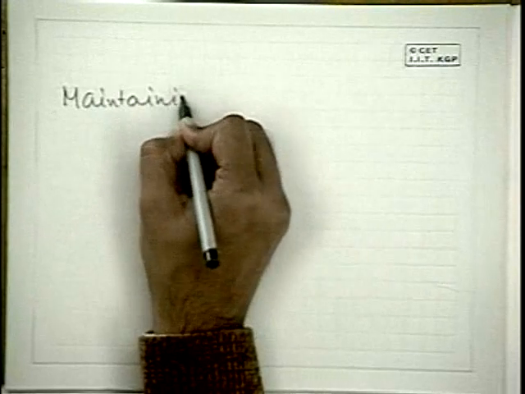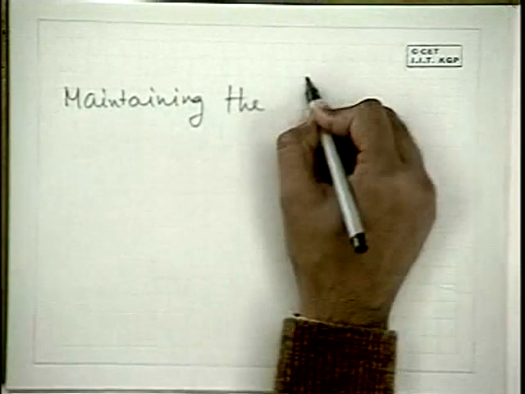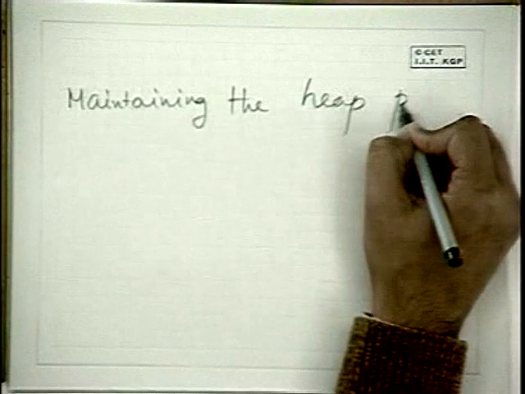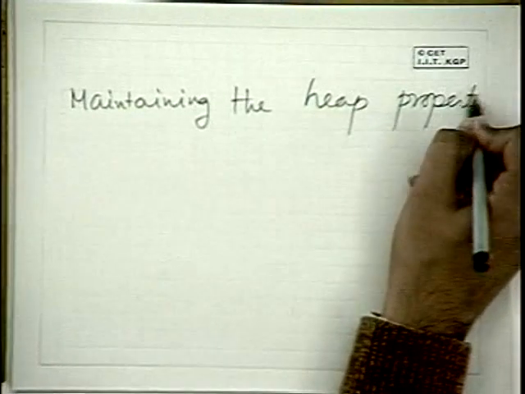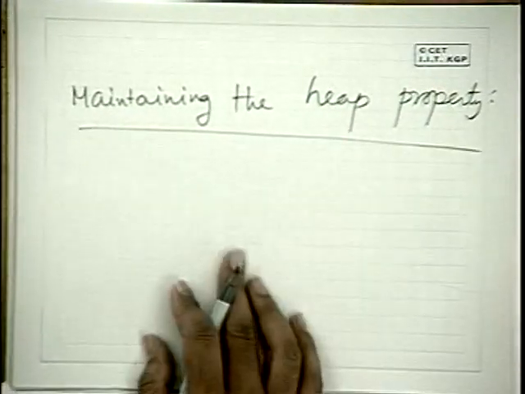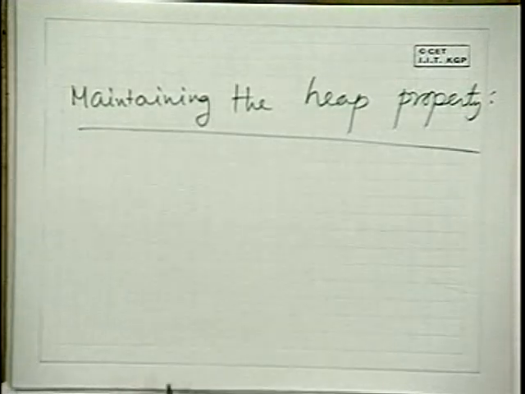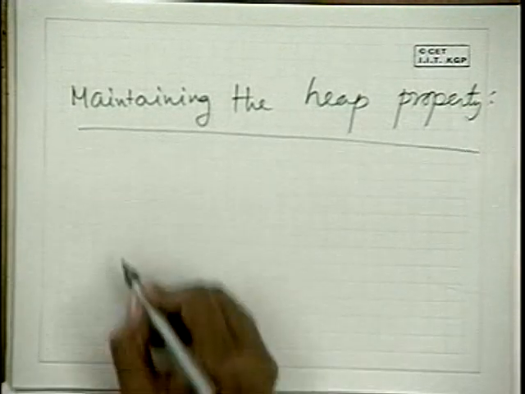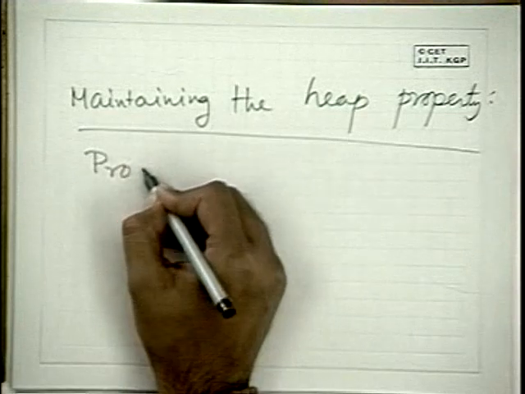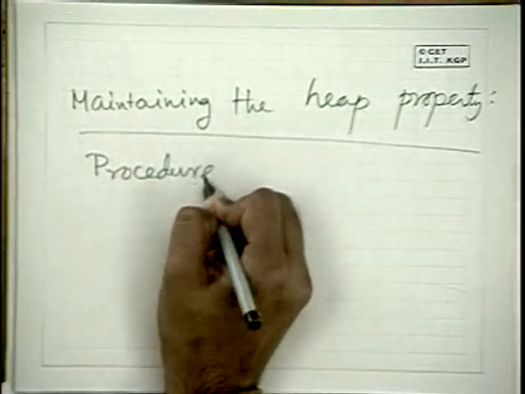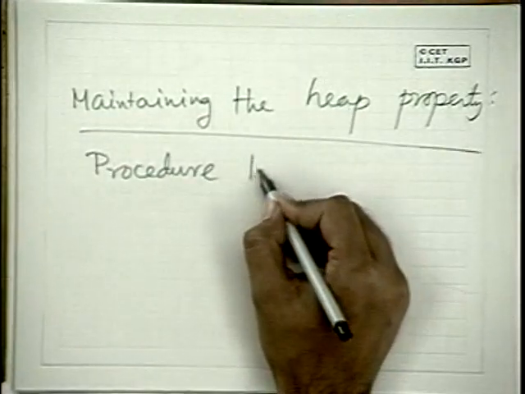So, maintaining the heap property. I am going to write the algorithm, and you will see it's only 3 lines of code. Procedure, I'll call it down heap.